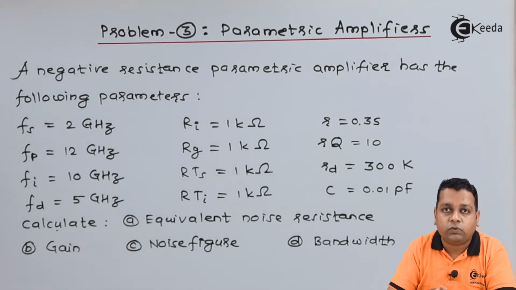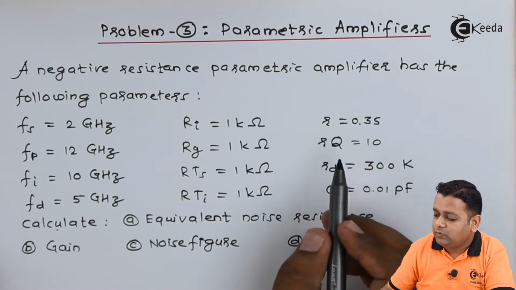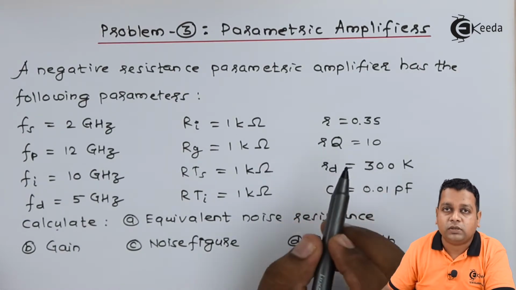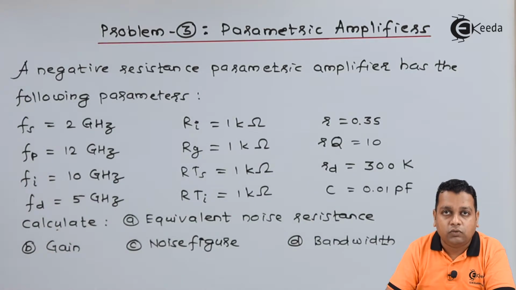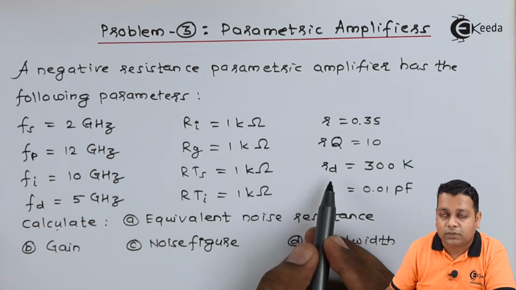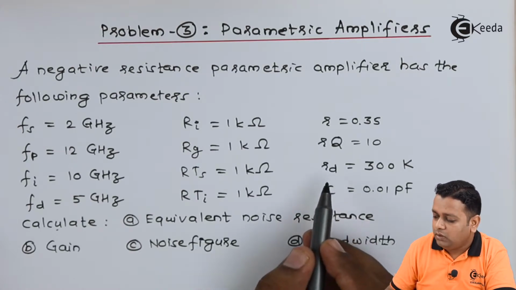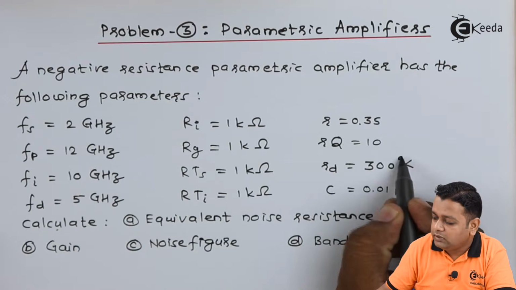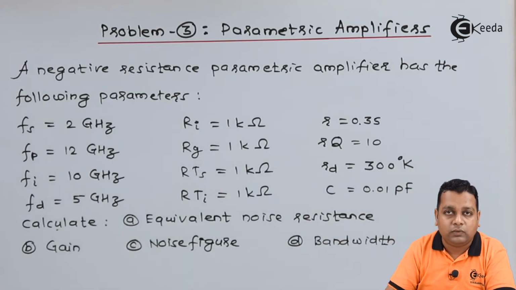Whatever we have earlier denoted as gamma into Q has been given in this problem as r into Q, so accordingly the same is to be substituted into the respective formulae. Also the diode temperature is represented like this, so you can use Td also. The unit is degrees Kelvin.